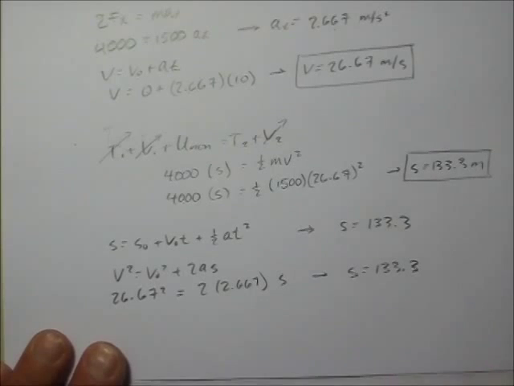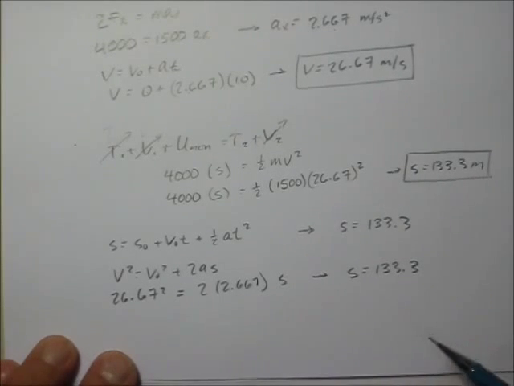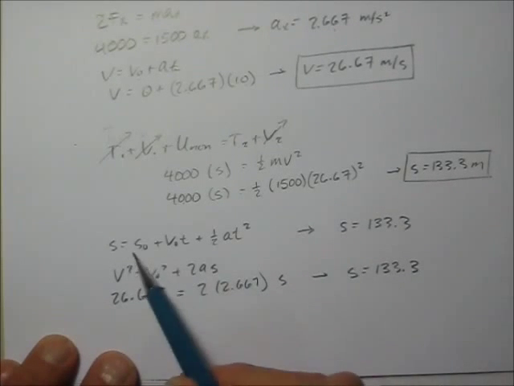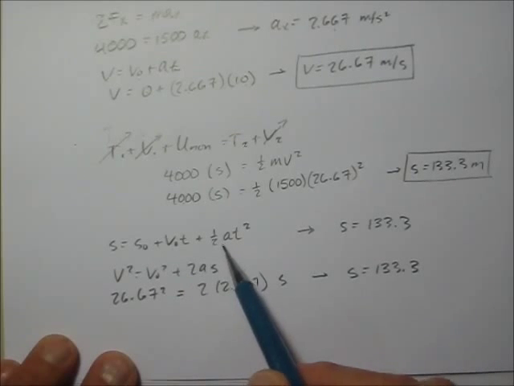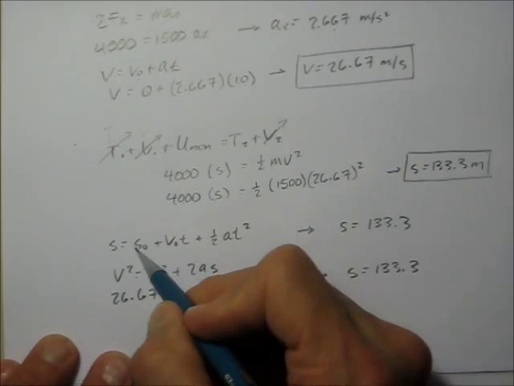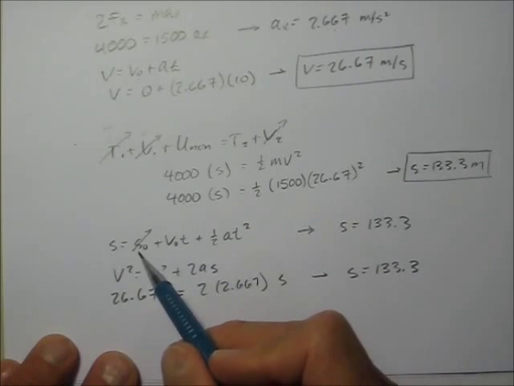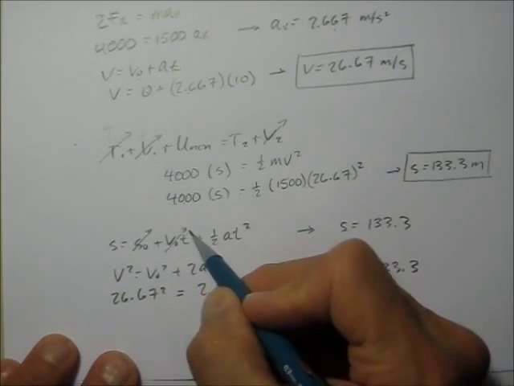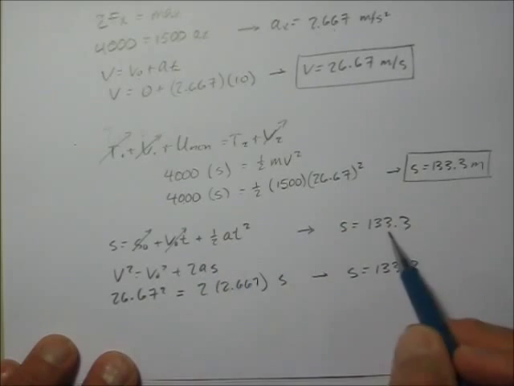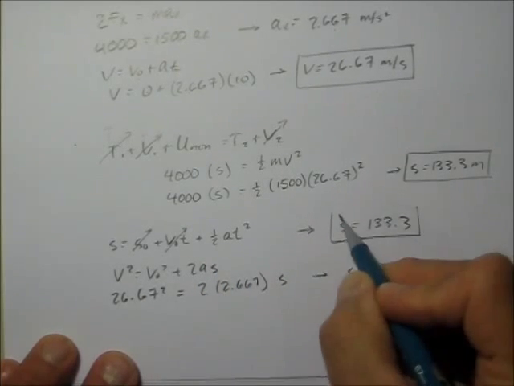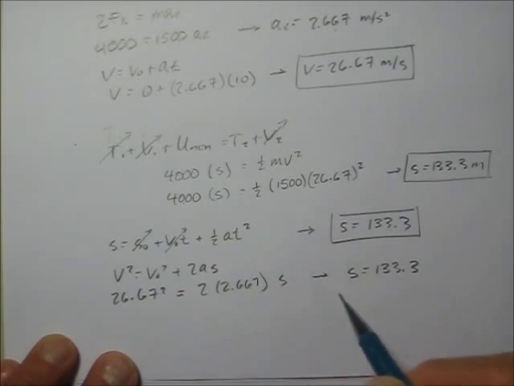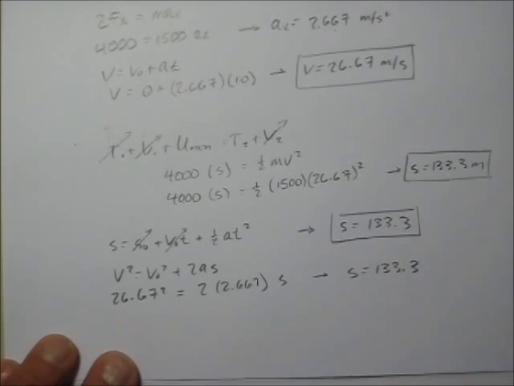We have two equations we can use to find distance using constant acceleration equations. S is equal to S sub 0 plus V sub 0 t plus 1/2 at squared. Again, our beginning position is 0 and beginning velocity is 0, so S is equal to 1/2 at squared, and plugging in a and the time of 10 seconds, we can find the distance.